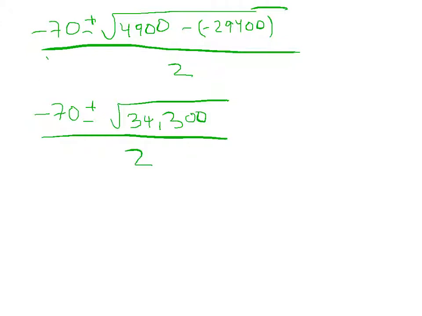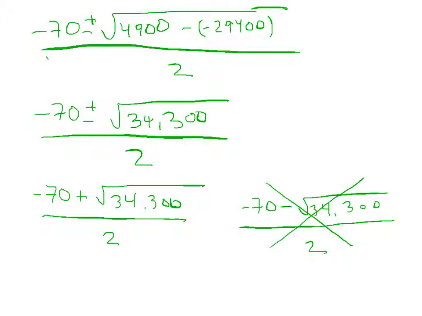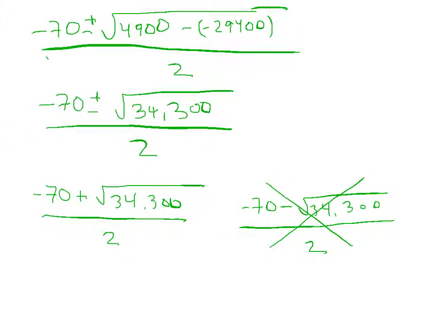This gives me the two values of negative 70 plus the square root of 34,300 over 2 and negative 70 minus the square root of 34,300 all over 2. Since distance cannot be a negative value, right away we know that this value does not matter within this problem. So now I know I'm only worried about this value.